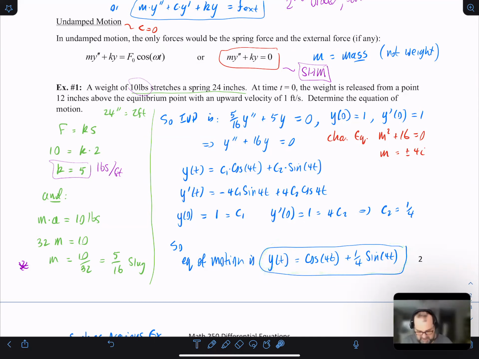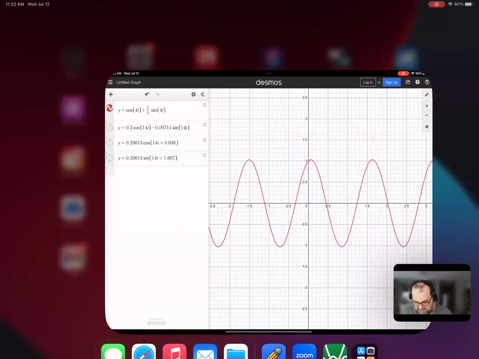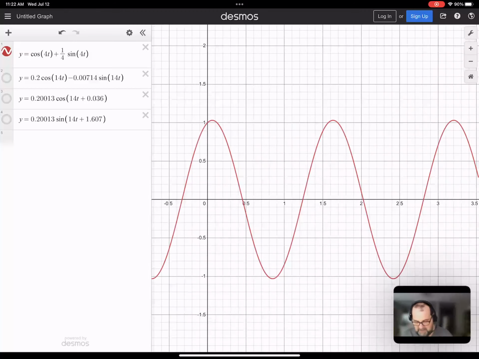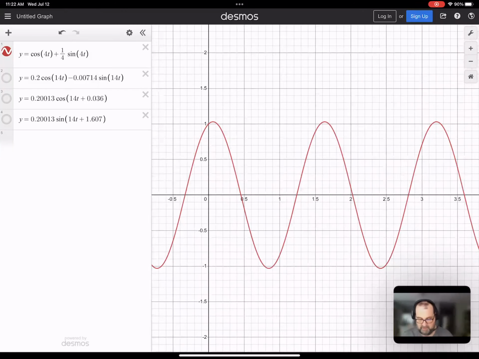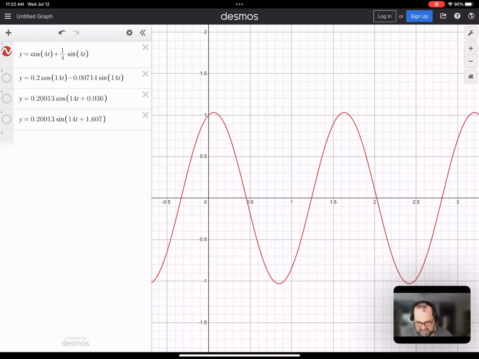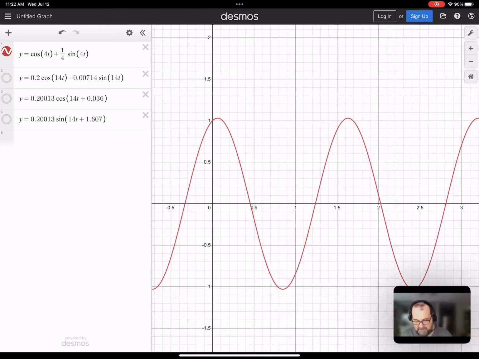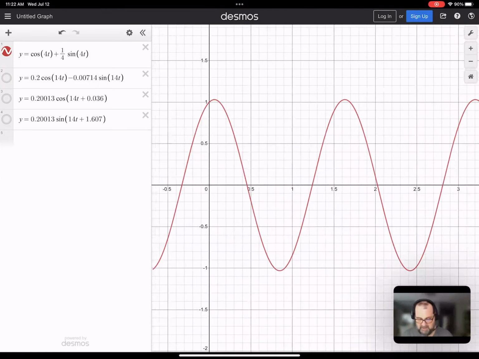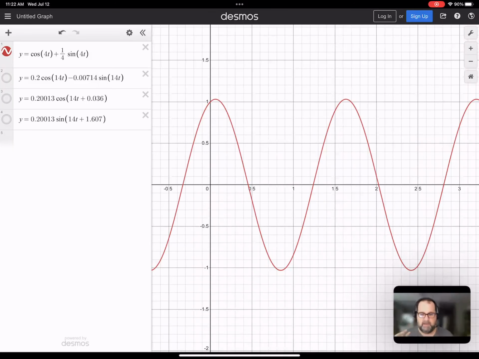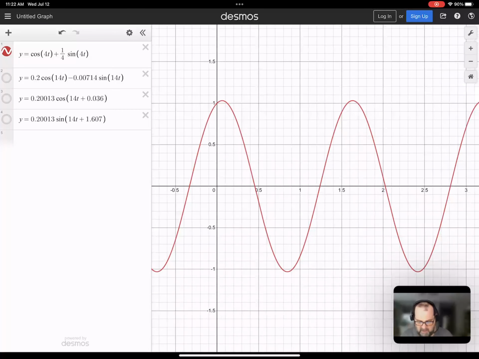A quick look-see, I did put this on Desmos. So this is the motion as described on Desmos. We have a linear combination of sine and cosine of t here, yes? But notice it really still just looks like something that oscillates. Generally when you have a sine plus or minus a cosine, it just means our vertices are not at convenient places.